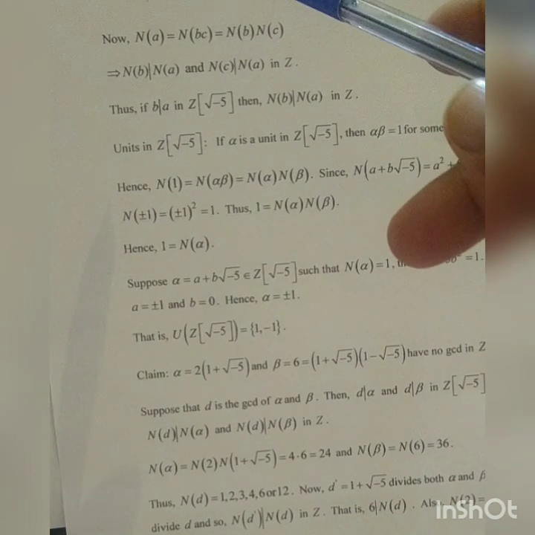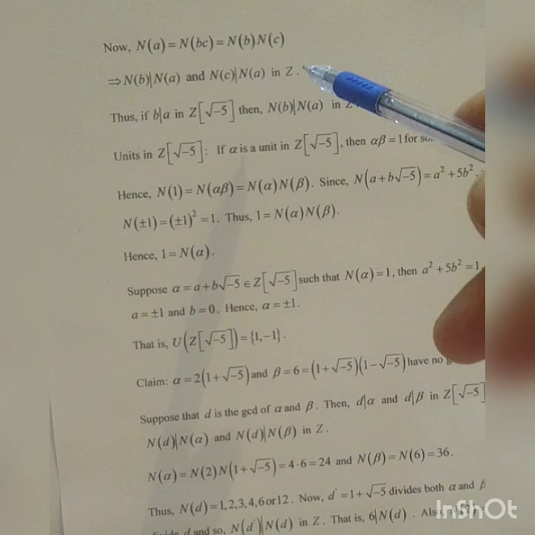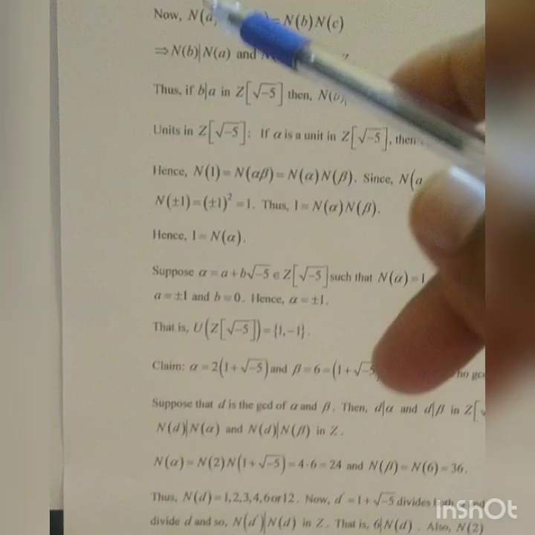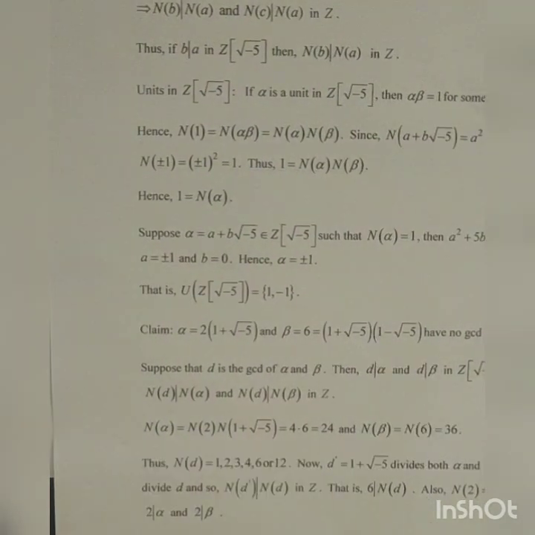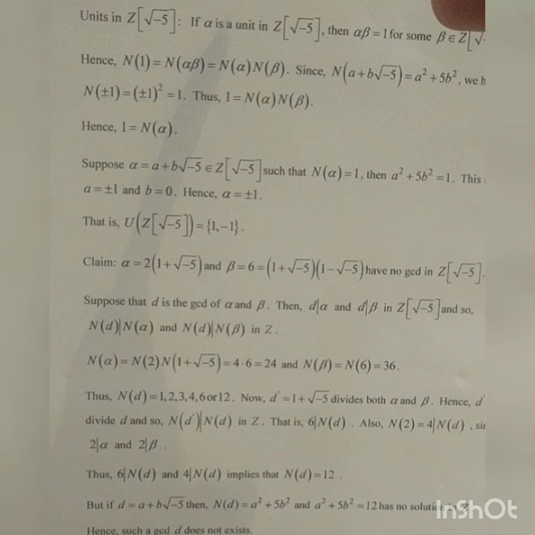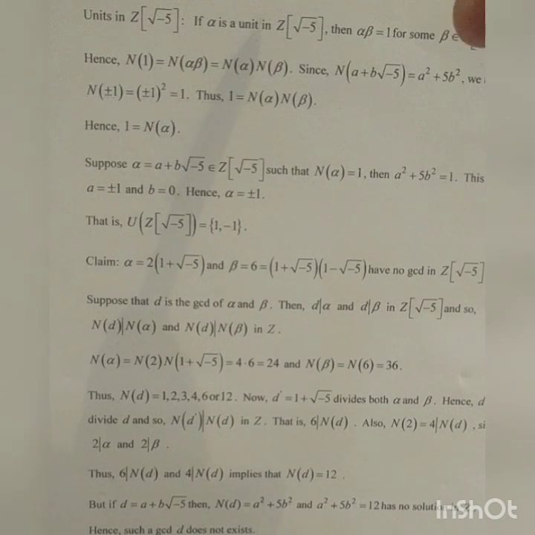By that result, I can say that N of b divides N of a as well as N of c divides N of a. And we should note that the images of a, b, c are all present in Z. Therefore, N of a, N of c, N of b, their results must be in Z. So, we are getting that if b divides a in Z of root minus 5, then the corresponding images, N of b divides N of a in Z.